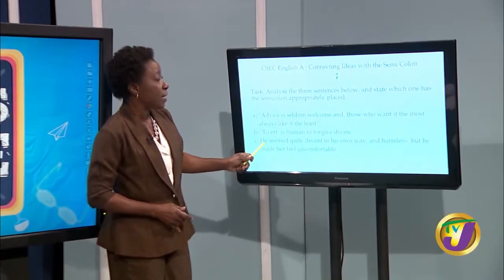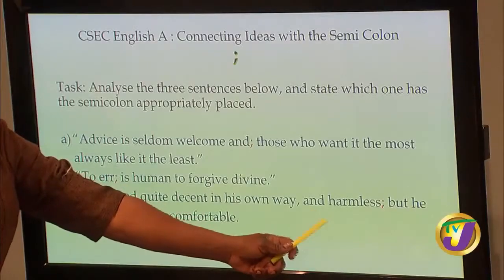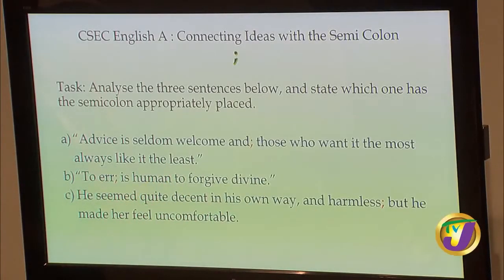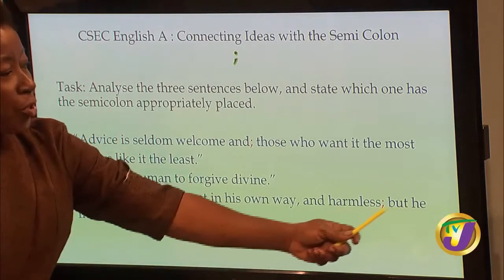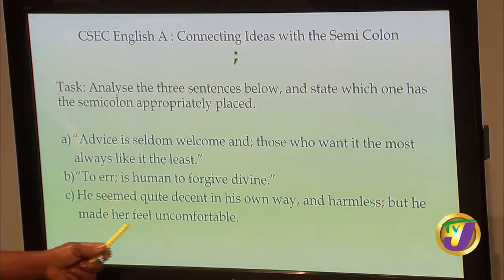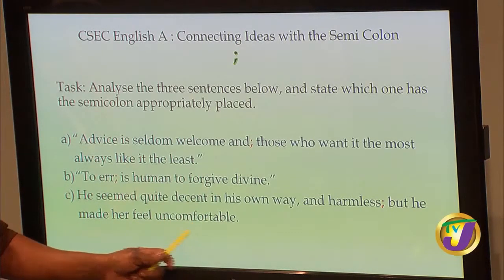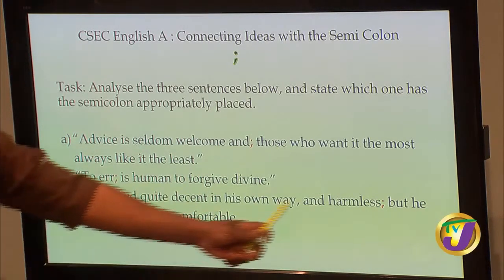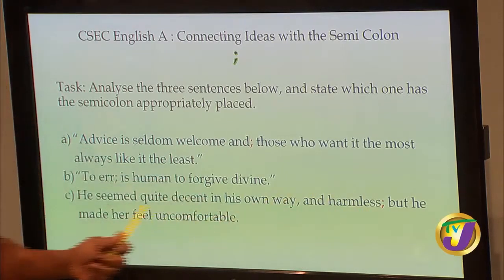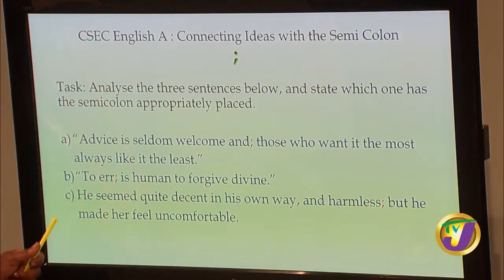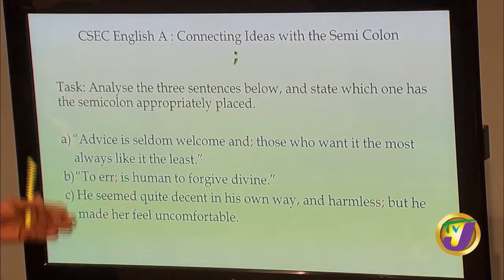He seemed quite decent and harmless. You could put a full stop there. Okay? Here's a conjunction to carry you over, but he made her feel uncomfortable. All right? So the semicolon is placed right here to show the separation of the two independent clauses.